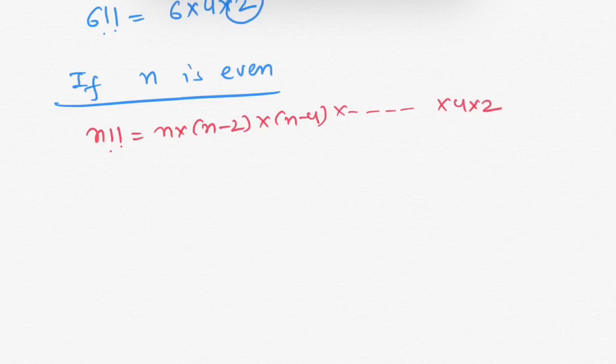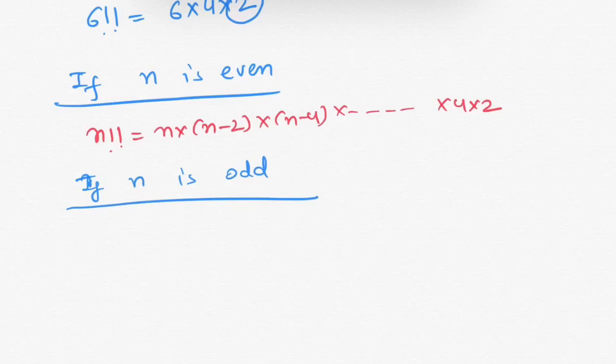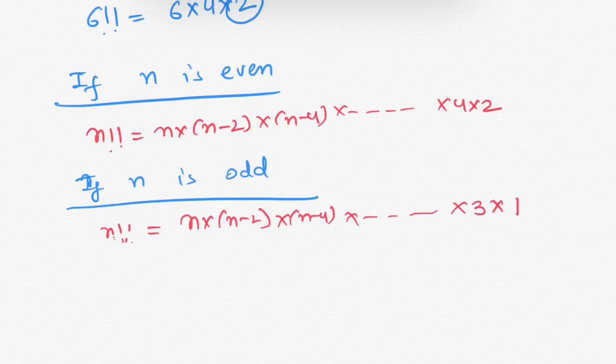And if n is odd, then n double factorial equals n into n minus 2 into n minus 4 into and so on, and it will end with 3 into 1. Now let us see a very amazing relationship between double factorial and simple factorial.